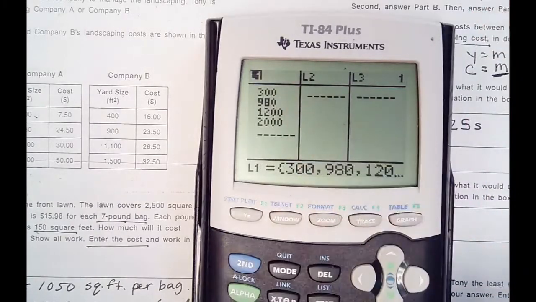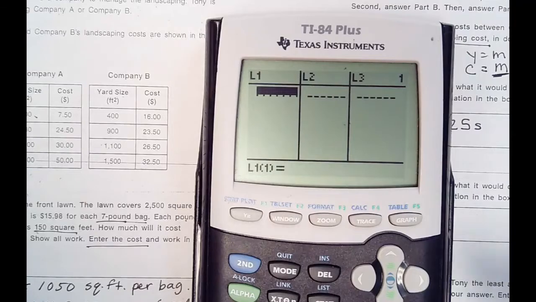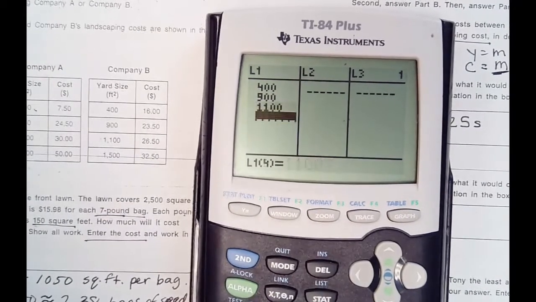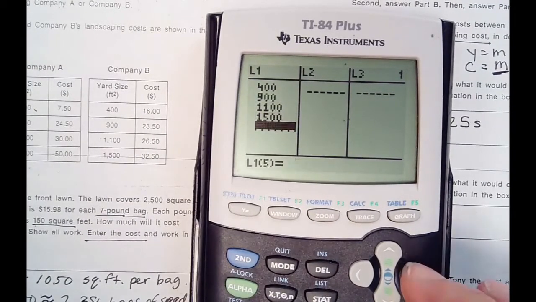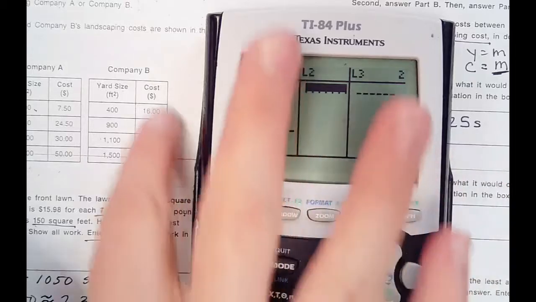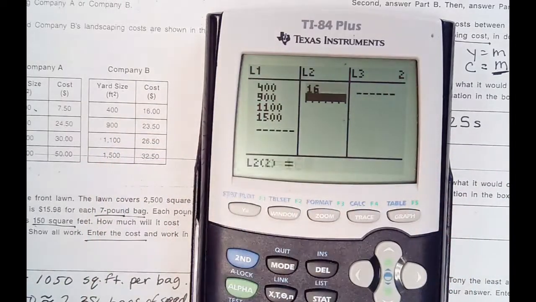Entering in Company B now for 900, 1100, and 1500. L2 will be my cost, $16, $23.50, so 23.5, 26.5, and 32.5. Enter. Always double check that you've entered them correctly.